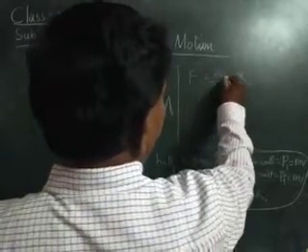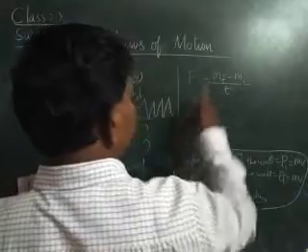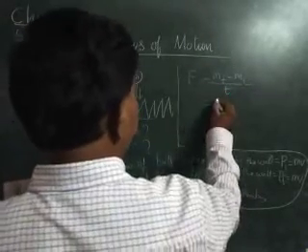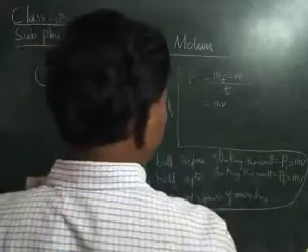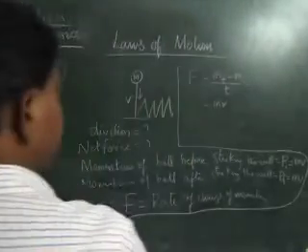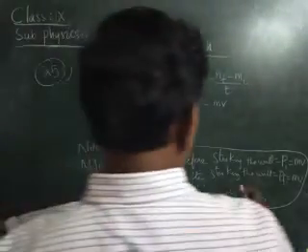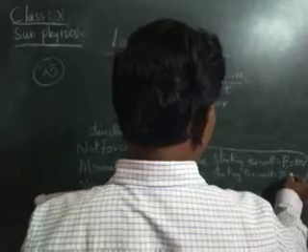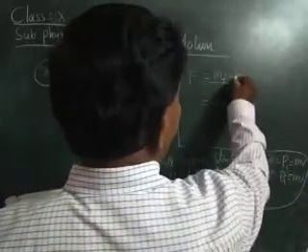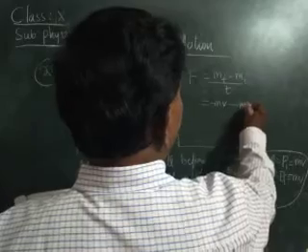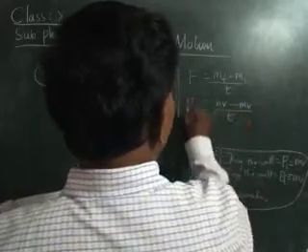What is the final momentum? Final momentum is mv, but here the final momentum is minus mv. Why? Because it is rebounding back, and the initial momentum is mv.